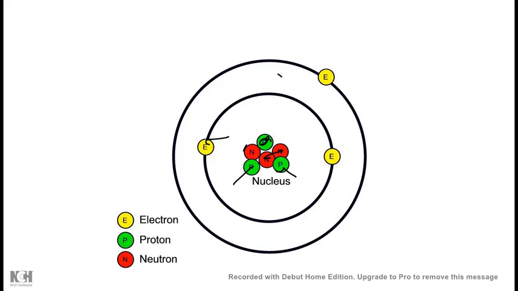Now, before we go any further with that, I want to just discuss, because we will be looking at these shells. You see you've got this orbital here for the first 2 electrons around these protons, and then you've got this further out one.